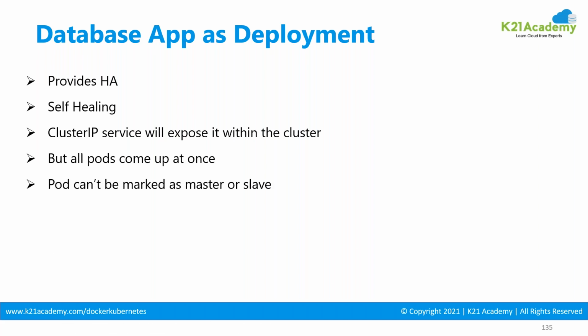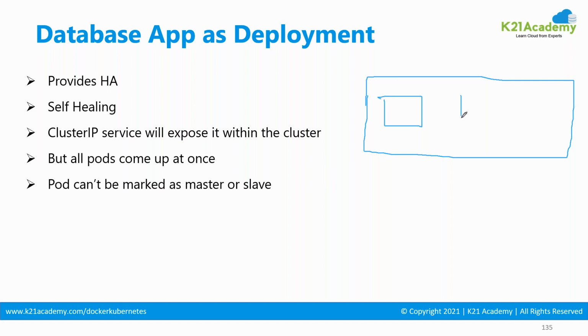Pods can't be marked as a master or slave inside the deployment, because the problem here is in the database. Let's say that this is a database application and you have 3 pods running here, which are the database pods. There is a service here.